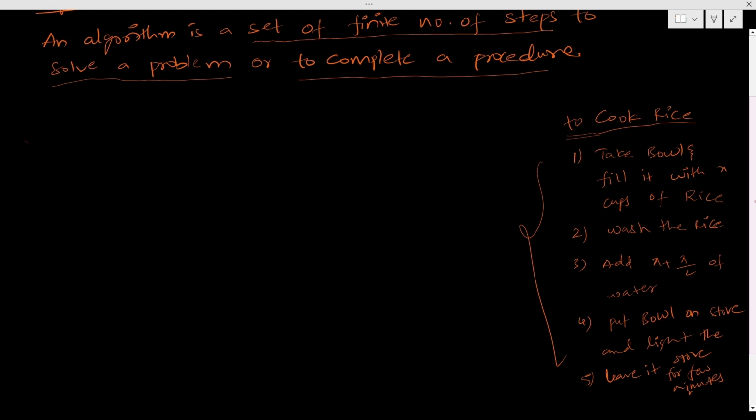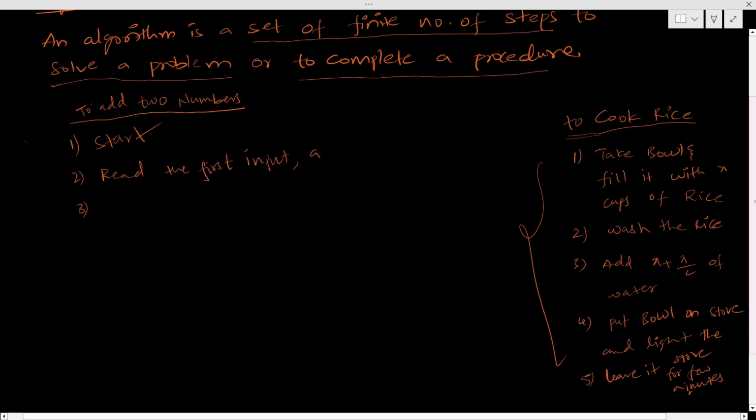But this is just an example, a real life, daily life example. How an algorithm looks is like this. We are writing an algorithm to add two numbers. The first step would always be start. The second step, we read the first input as a.